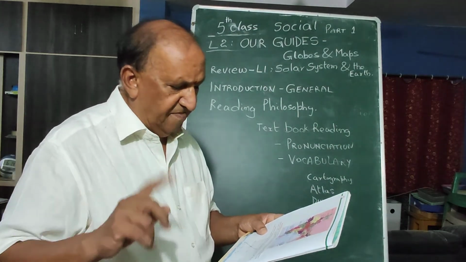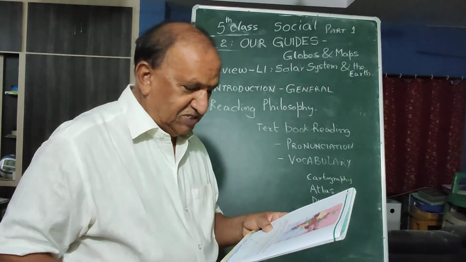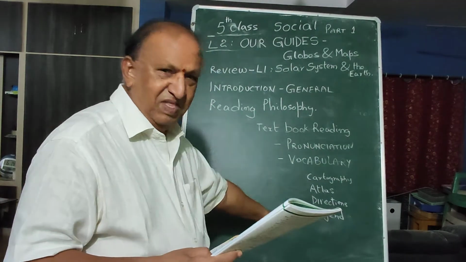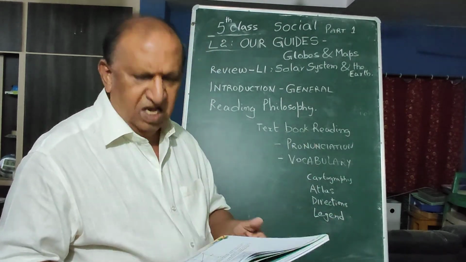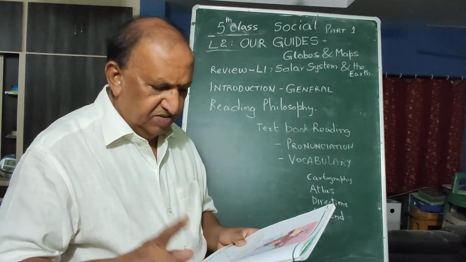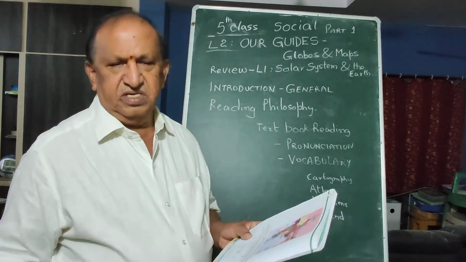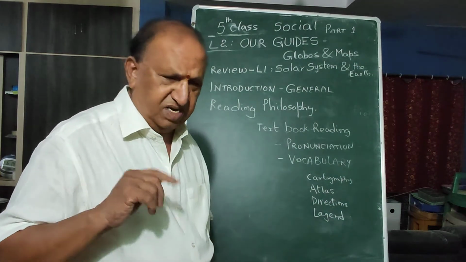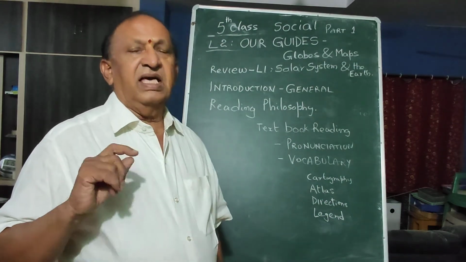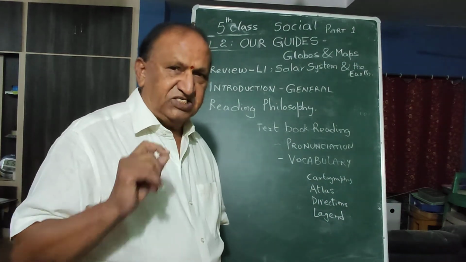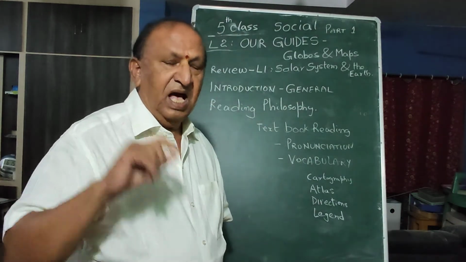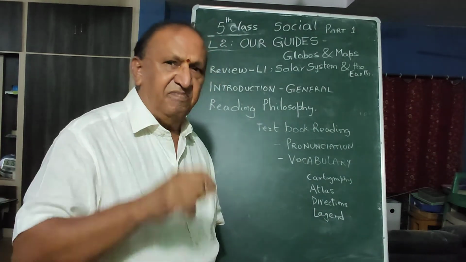The language of the map comprises four things. Language here means not Telugu, English or Hindi. It is directions, scale, contours and symbols. Contours, I think I mentioned before. A contour is an imaginary line touching all the places having the same elevation.